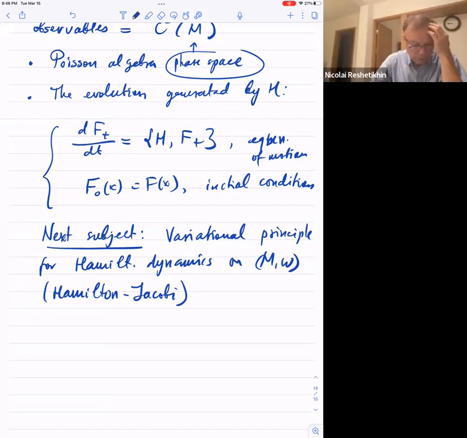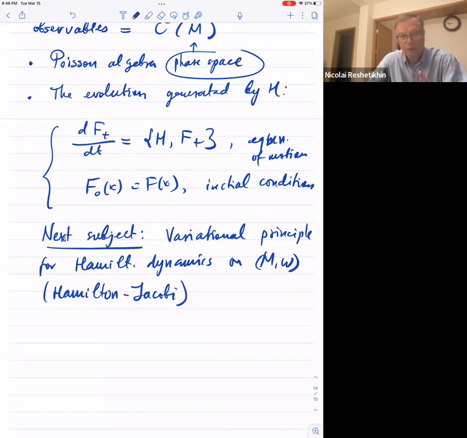Well, usually if someone tells you that they work in Hamiltonian dynamics, by definition it means that they are solving these nonlinear ODEs that come from the Hamiltonian evolution.